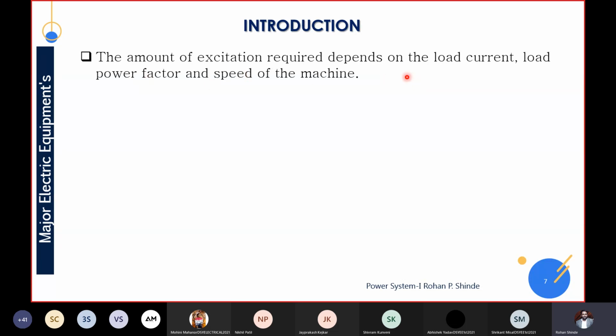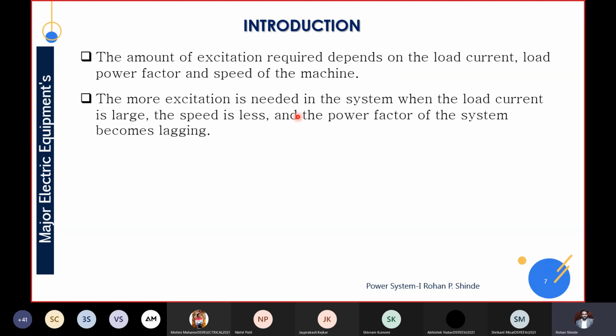If these three things are more, then excitation should be more. More excitation is needed in the system when the load current is large.